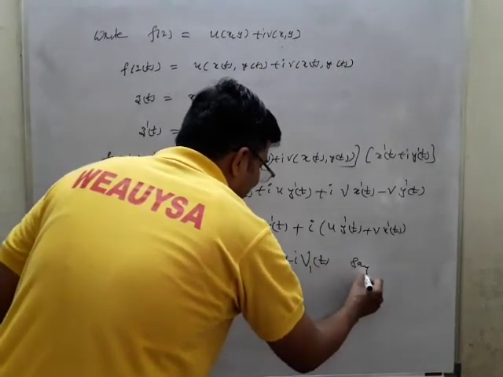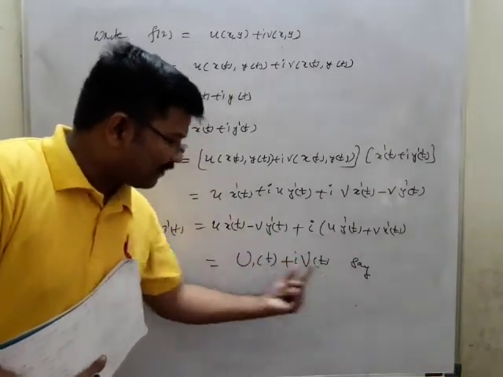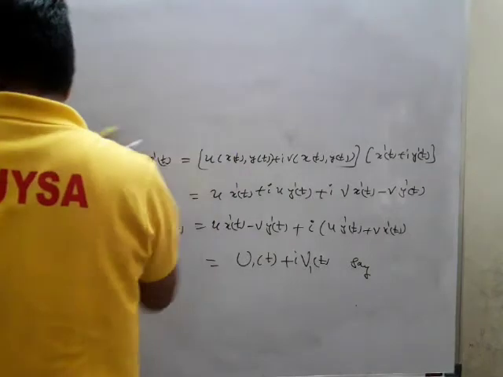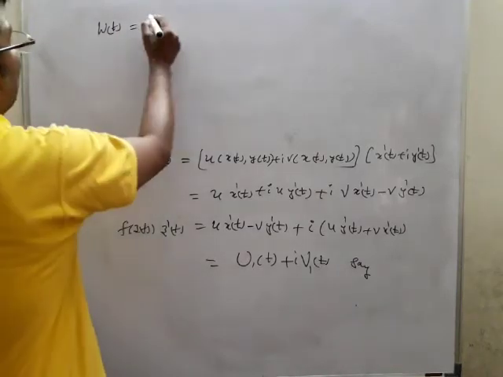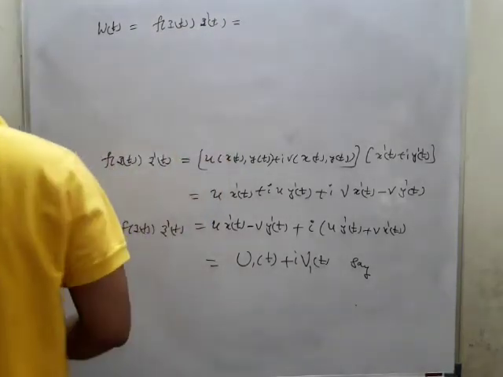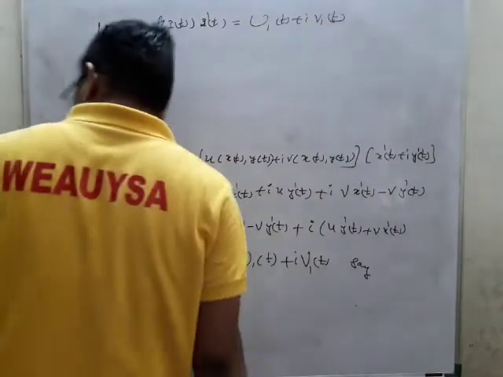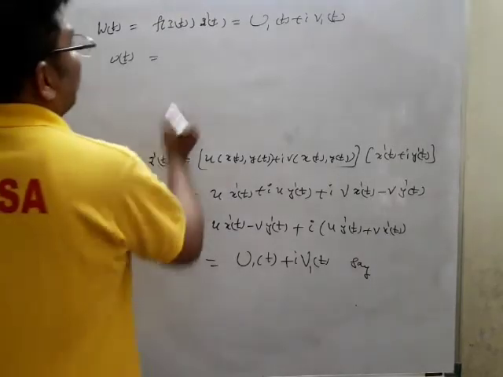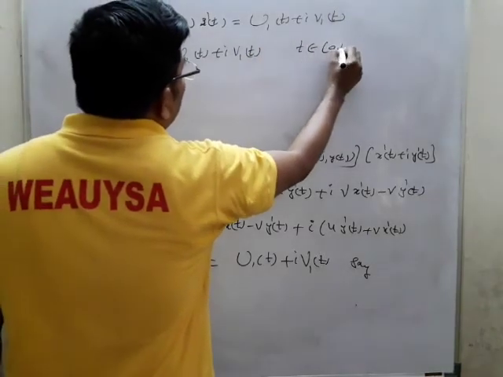Let us say this entire real thing is u1(t), and this entire imaginary thing is v1(t). Then we'll take w(t). What is w(t)? w(t) is nothing but f(z(t)) z'(t), which equals u1(t) + i v1(t), where t belongs to [a, b].